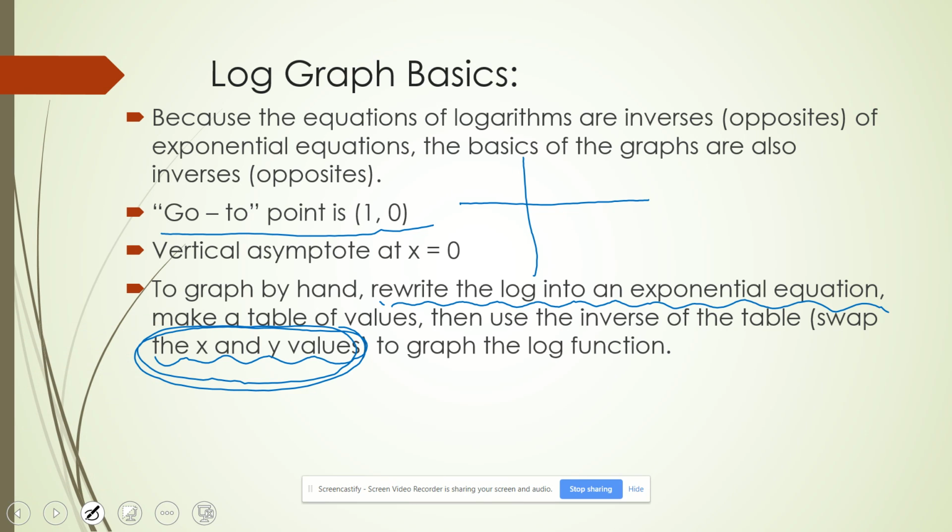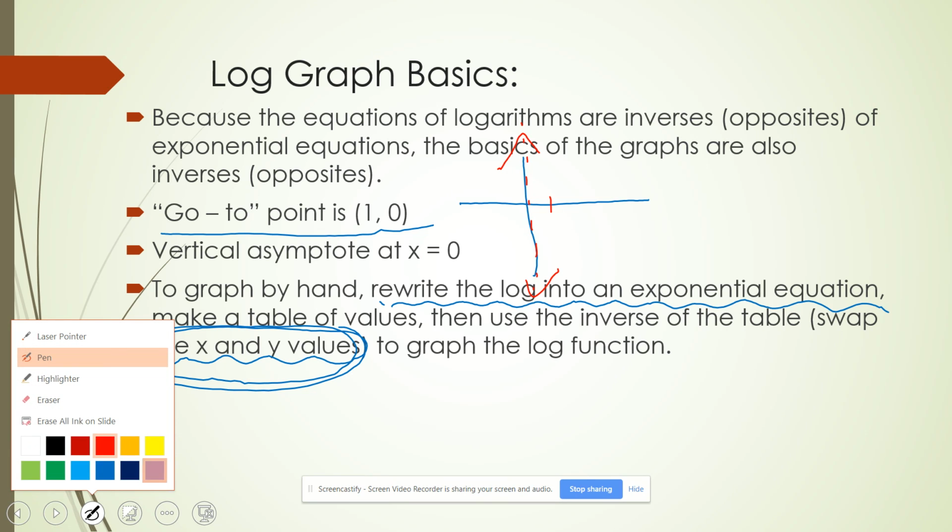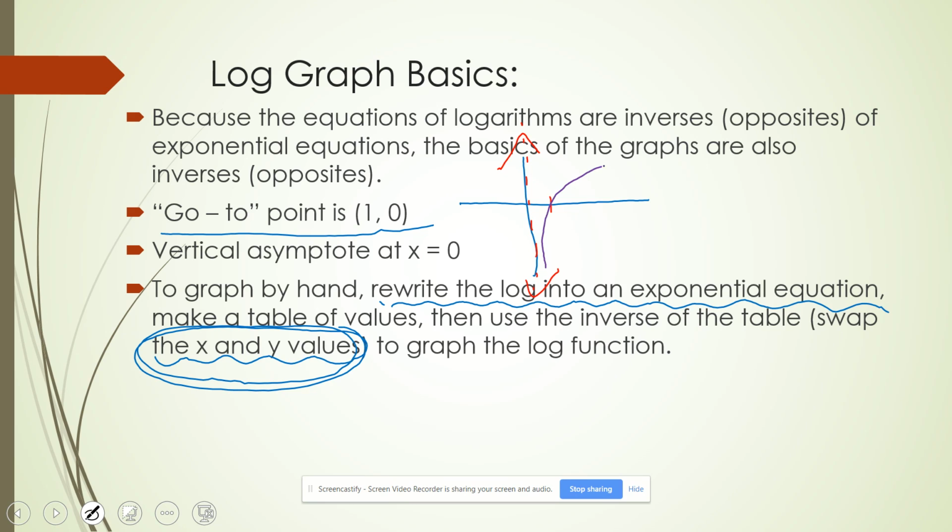I'm going to draw in our x equals 0 asymptote, and there's our 1, 0. Here is our log graph for when our base is greater than 1.